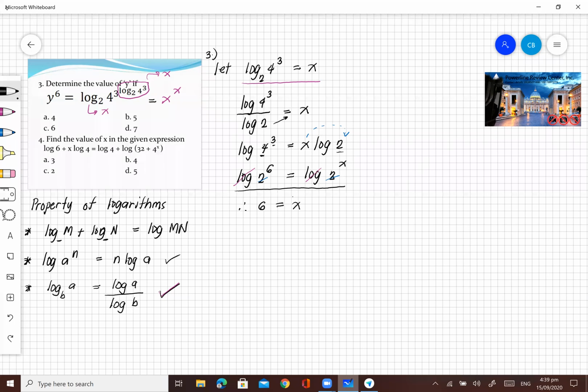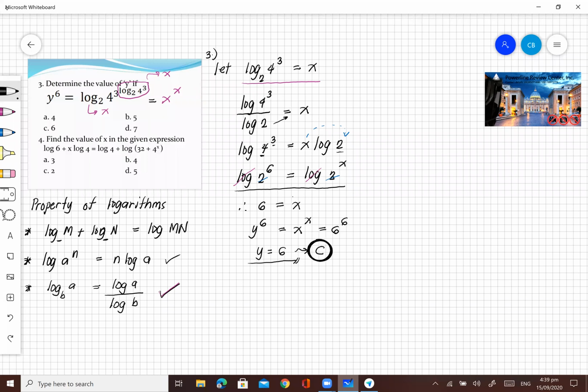Alam na natin ngayon si X. Therefore, yung ating original equation na y raised to 6, after the substitution, we found out that is x raised to x, which is equal kanino? 6 raised to 6. Okay, obviously now, y, it is only equal kanino? 6. So, that should be the answer. Anong letter yan, kapatid? Nagets ba? So, this is cuts time. Okay? So, any question regarding problem number 3?